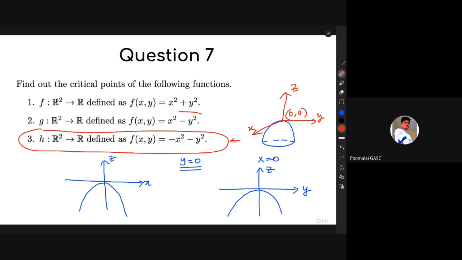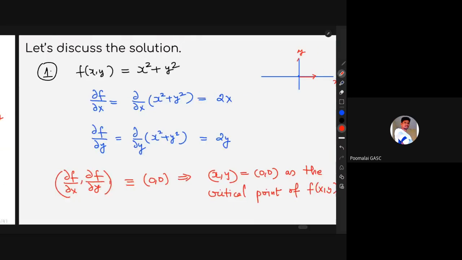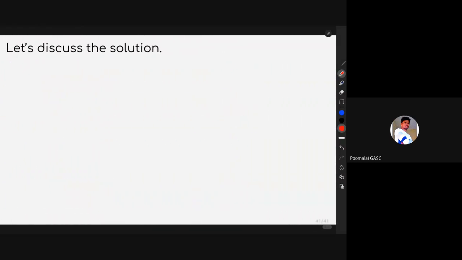And the second case: in the second case, g of xy is given to be x square minus y square. If you find its differential with respect to x, you get 2x, and with respect to y, you get 2y.